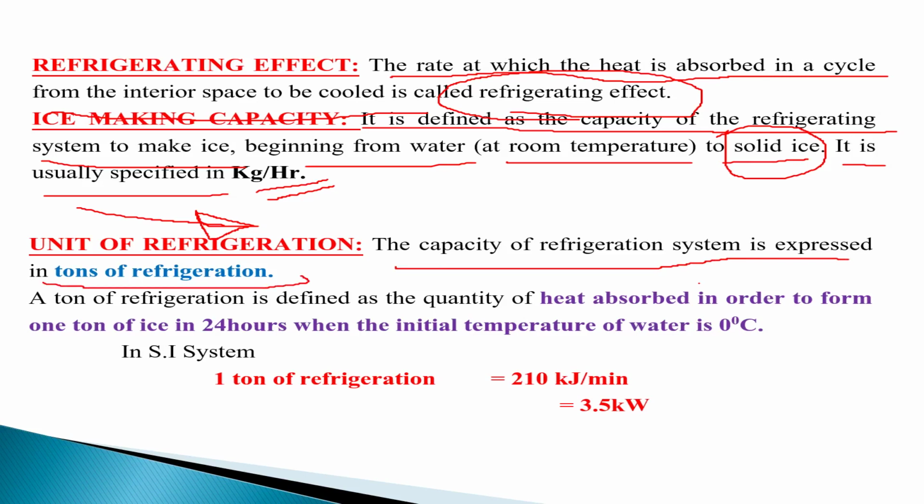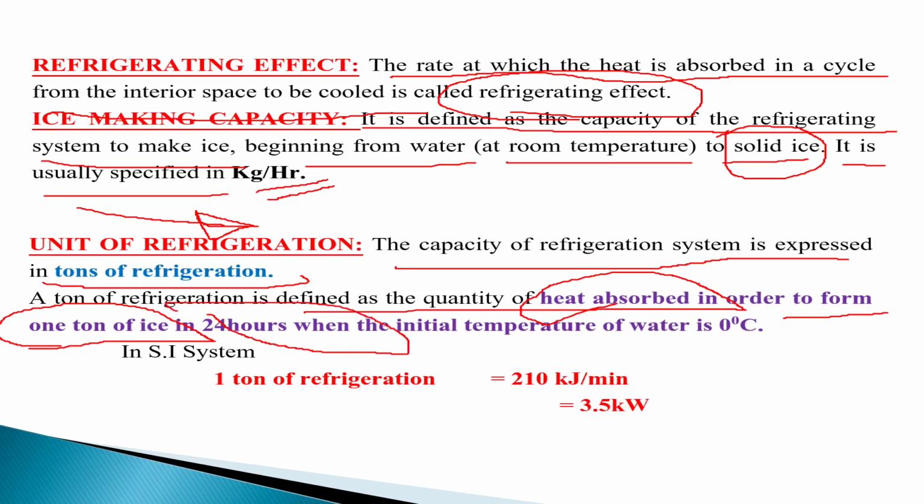A ton of refrigeration is defined as the quantity of heat absorbed in order to form 1 ton of ice in 24 hours, when the initial temperature of water is 0 degrees.